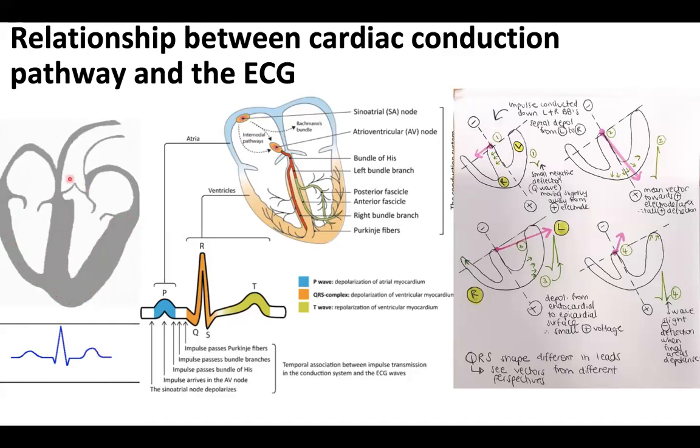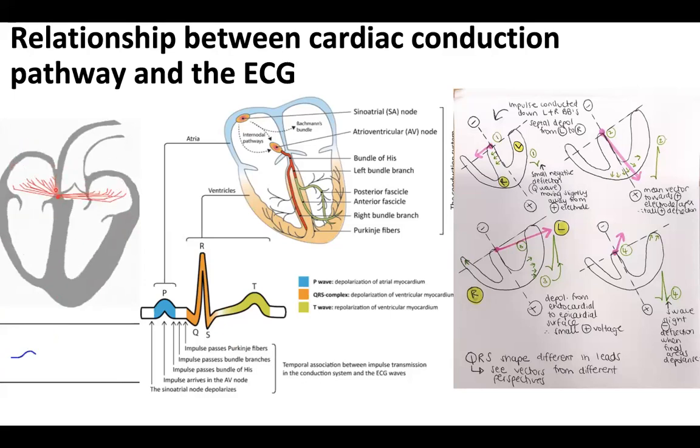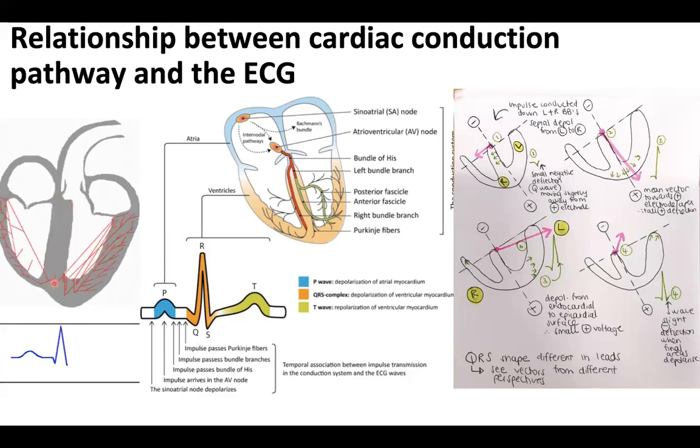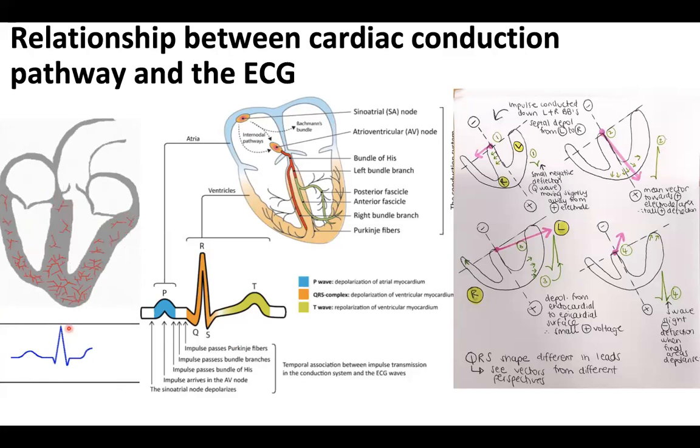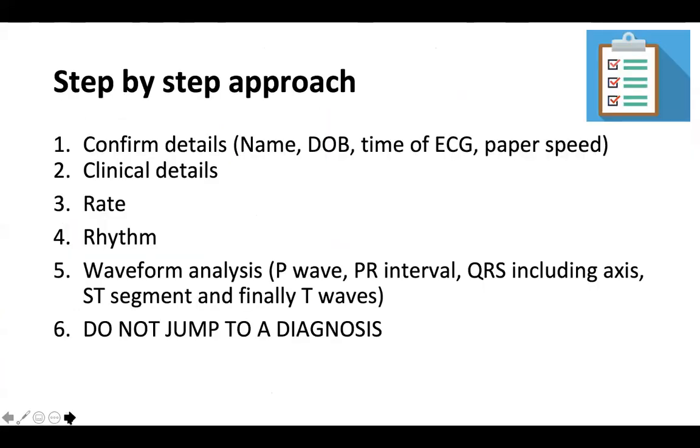So basically, you can just have a look here. Impulse starts up here, generated down to the AV node, down the bundle of His, then to the left and right bundle branches, and up and out. And that's how the waveform's created. Okay, so today we're going to be going through a step-by-step approach.